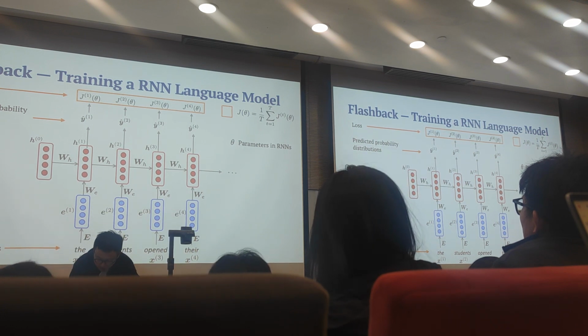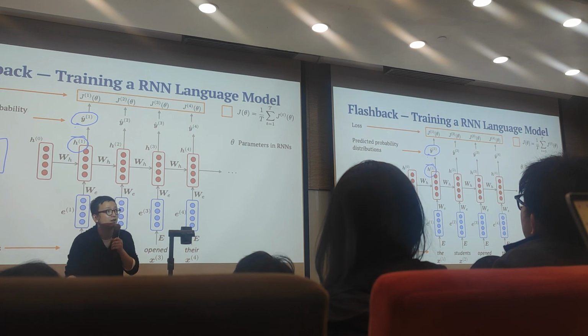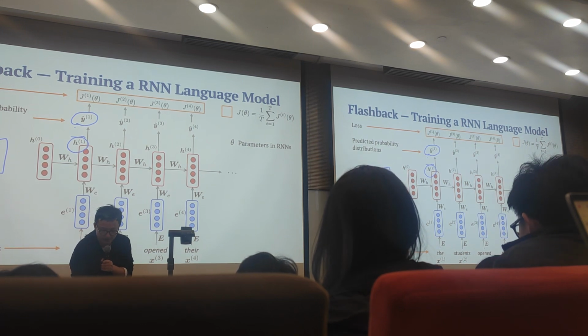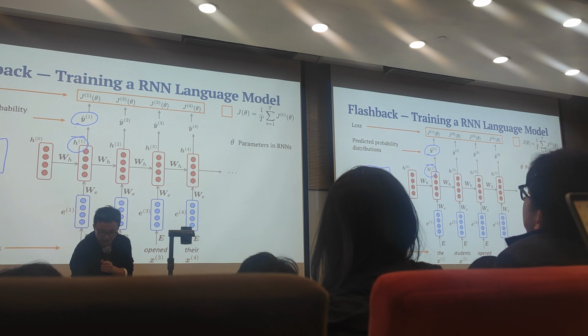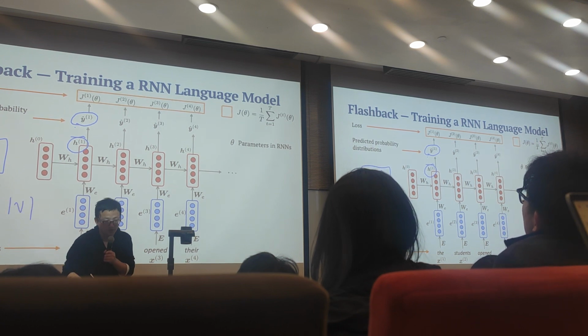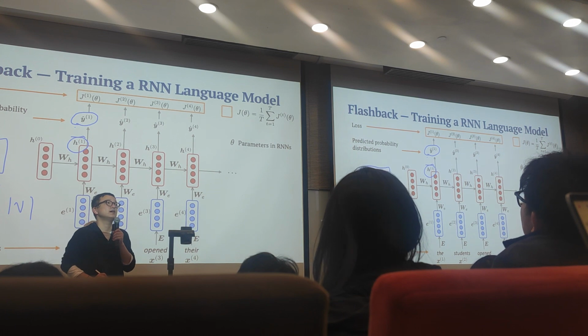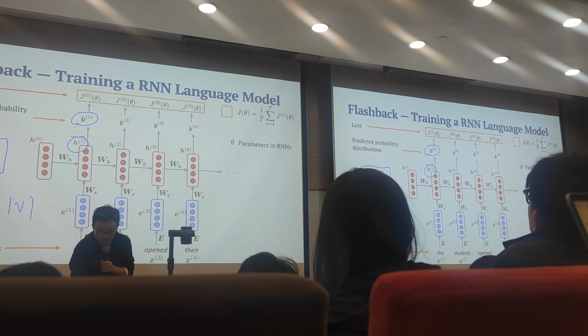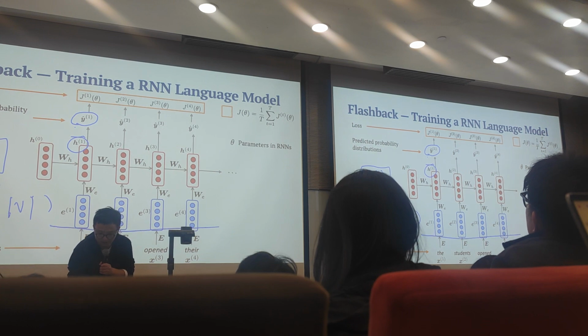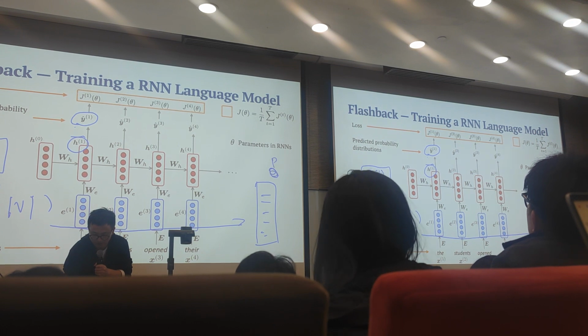From this H1 here to this, say, Y hat 1, you want this thing to be a dice, so it has to be a vector of vocabulary size. After you put this into a softmax, it produces the probabilities for you, which is also vocabulary size.